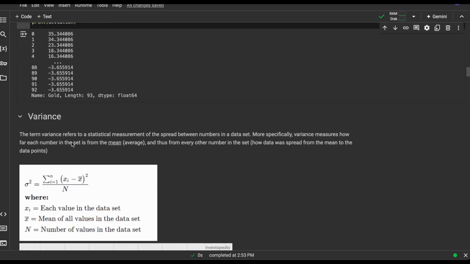Next is variance. Variance is a statistical measurement that indicates how far each number in a dataset is from the mean, and thus from every other number in the set. It measures the spread of the dataset. Why do we use the variance?